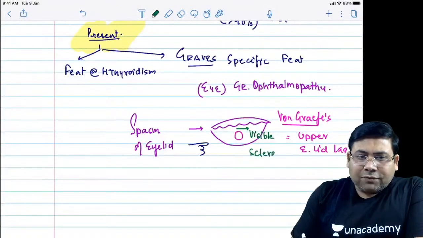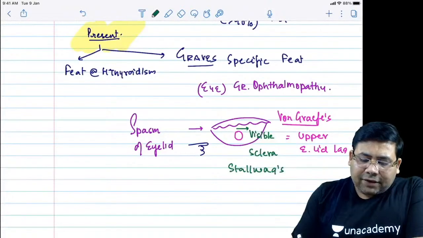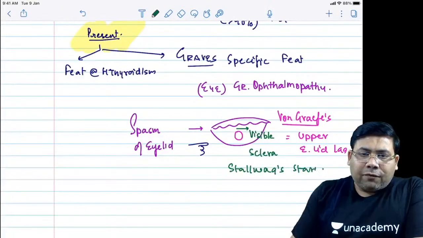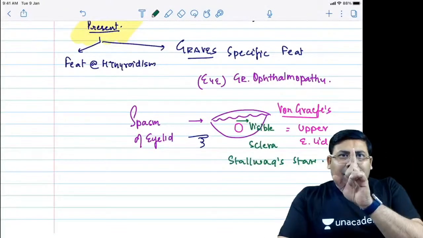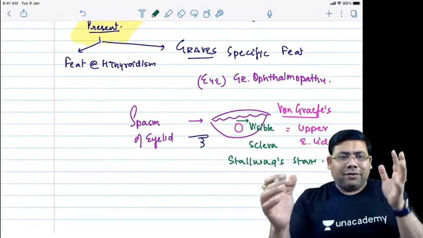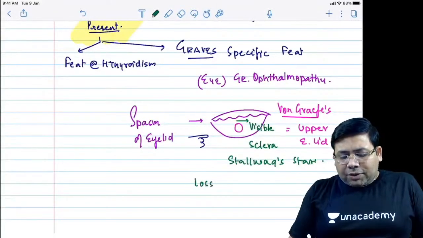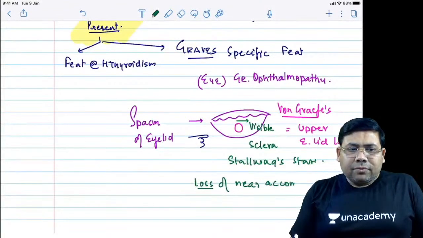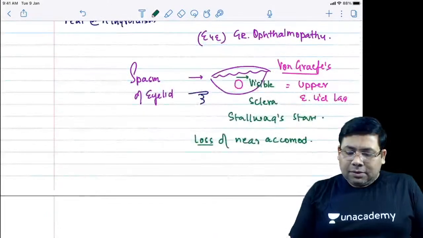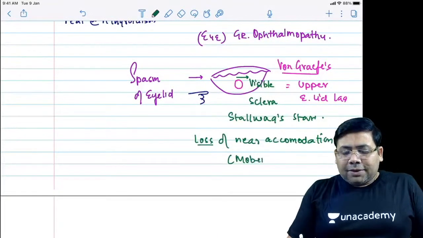You also have Stellwag's sign, infrequent stare. And if you ask the patient to look straight and then suddenly bring a finger into the field of vision, a normal patient's eyes will converge, but here that does not happen. This is loss of near accommodation, known as Mobius sign.